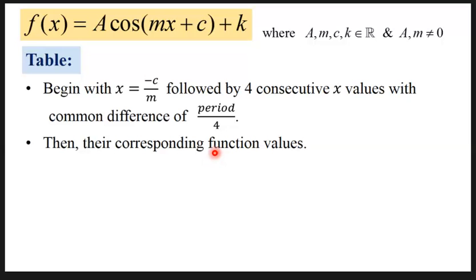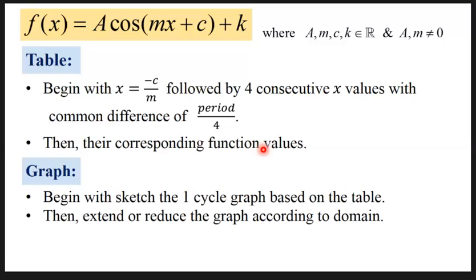Then we find the corresponding function values. Lastly, we go for the graph: we sketch one cycle of the graph based on the table, then extend or reduce the graph according to the domain. This is a rough idea of how we get the graph of cos done, and to have a better idea, we will see an example later.